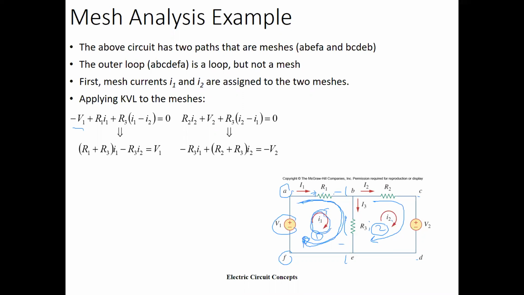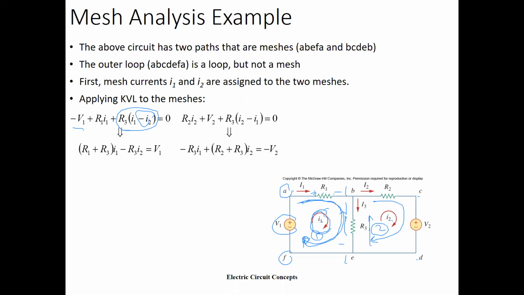It is a joint between two loops. So we can use, as the book says here, R3 multiplied by I1 minus I2. Why minus I2? Because I2 is in the opposite direction of I1. So I1 moving down and I2 moving up, so they are in opposite direction.